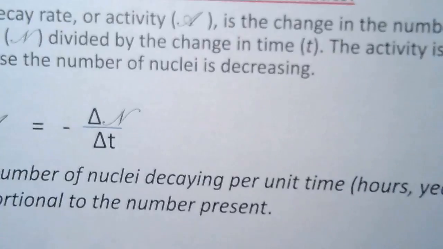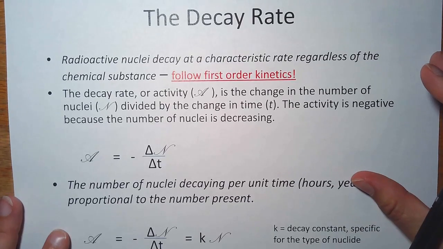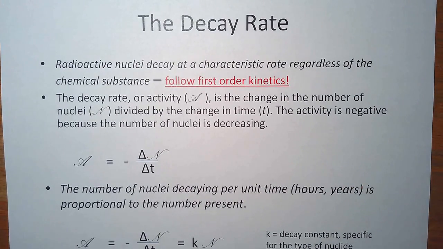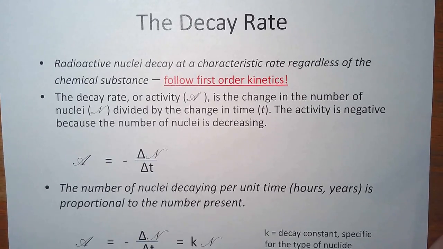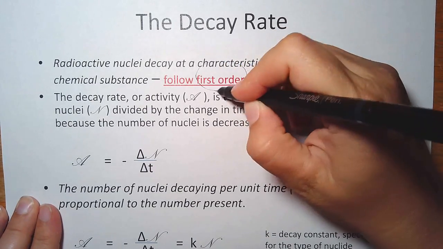So when we look at doing calculations for our decay rate, we need to remember that this is very similar to our kinetics for every other type of chemical process or reaction. And it even follows the same type of kinetics that we've already looked at. All radioactive isotopes follow first order kinetics.